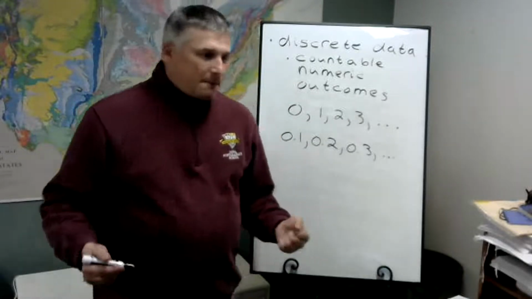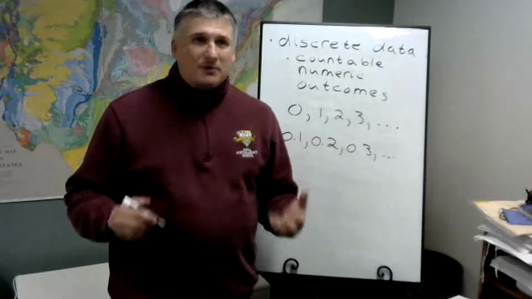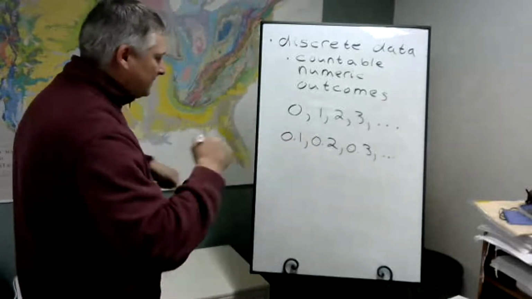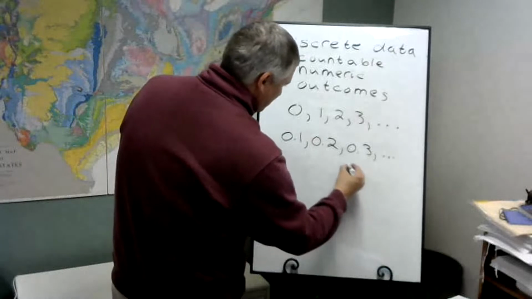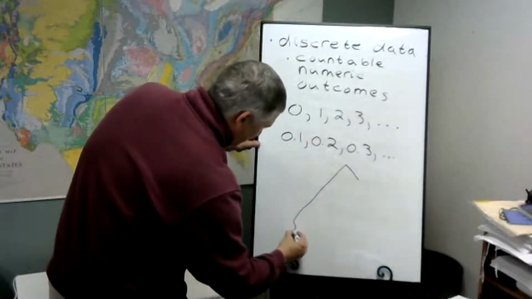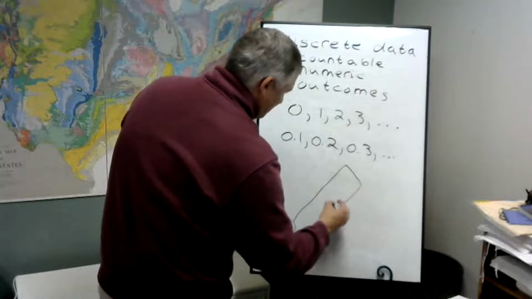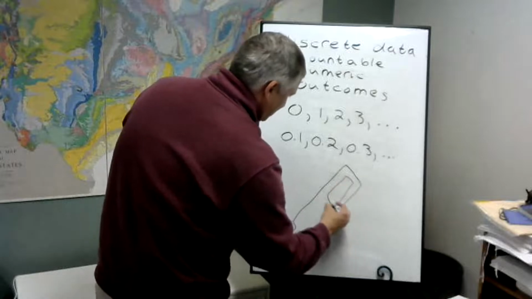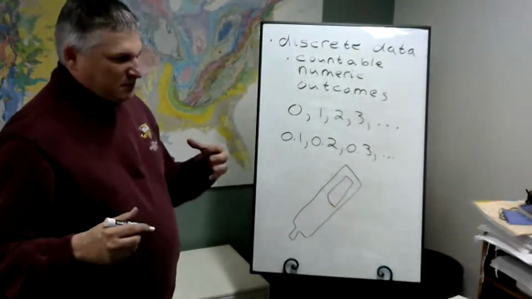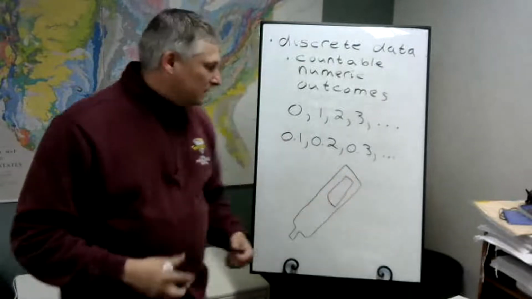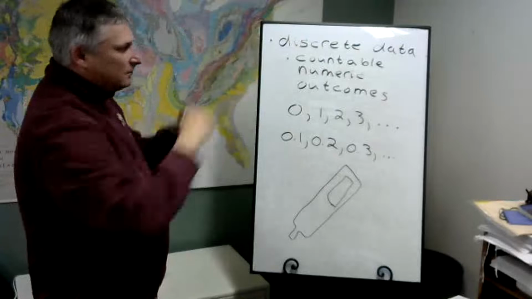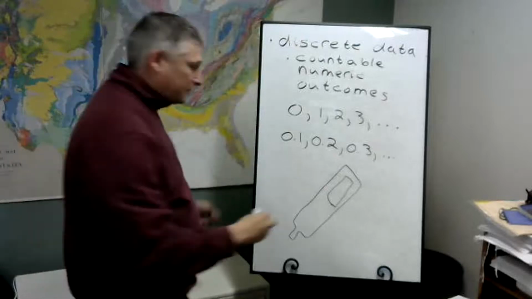Those are all discrete. Digital thermometers, and this is the example they give in the text. You can have this digital thermometer that you say put in your mouth. It gives this little reading. And let's say it goes, the discrete doesn't mean it isn't a fine measurement. There's a lot of little measurements in between the whole numbers.